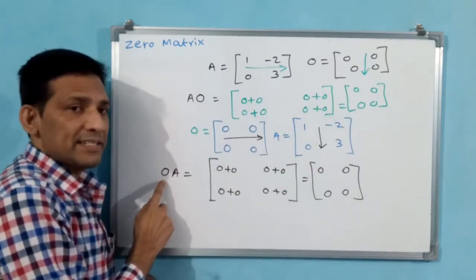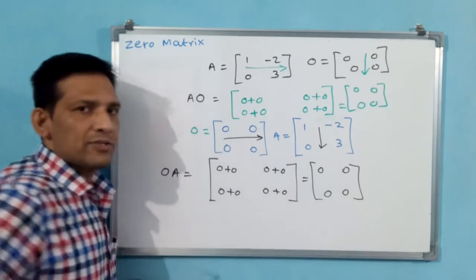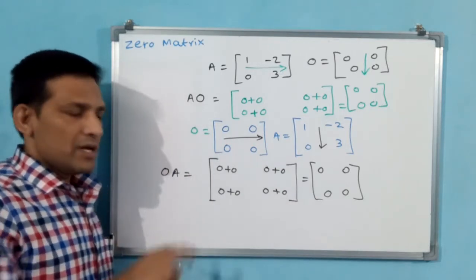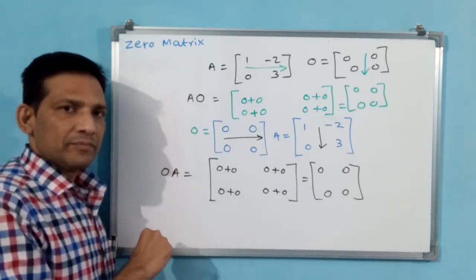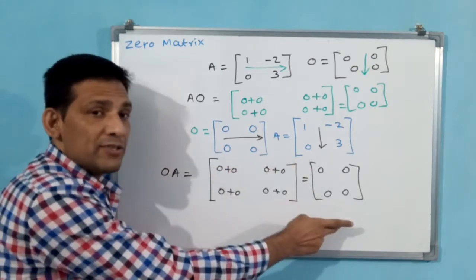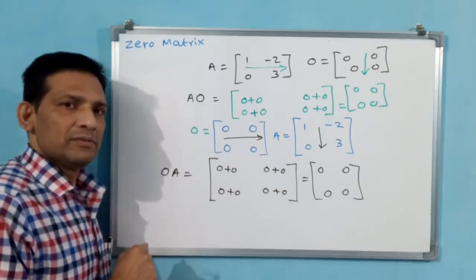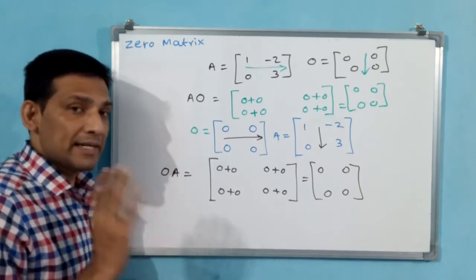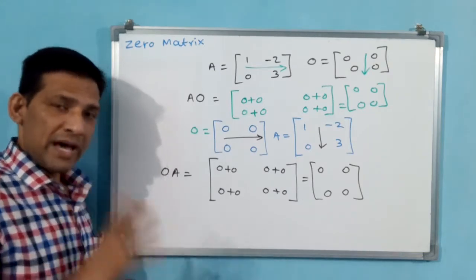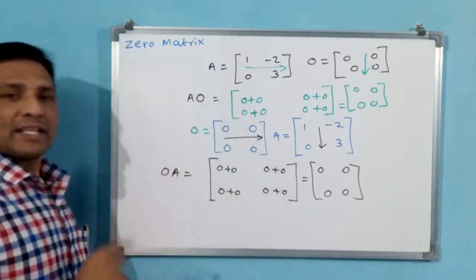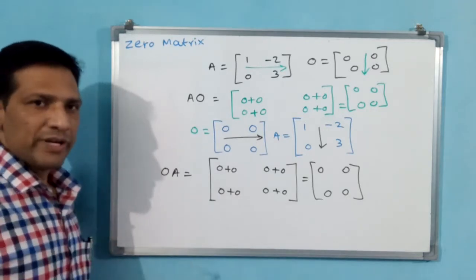Here also one matrix is 0, that is why you got 0. That question may arise, so I am going to give another example, and with that example you will get clarity.